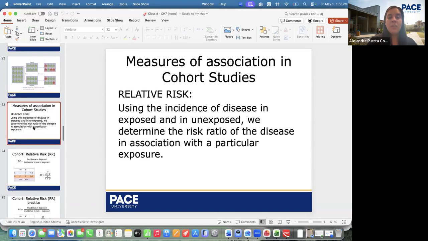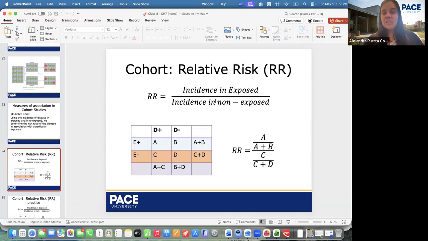Okay. What do we calculate in cohort studies? Relative risk. So using the incidence of the exposed and the incidence of the non-exposed, we can calculate the risk ratio. How do we do the incidence in the exposed? These are my exposed, right? So the incidence in the exposed would be those who got the disease among all those who were exposed.